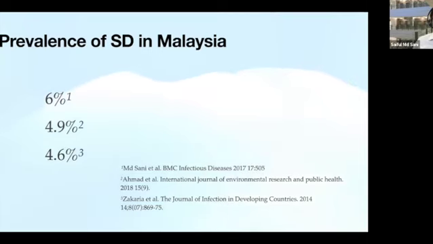She's an emergency physician, so we wrote it together. We found in that study it was 6% prevalence. Other studies from Ahmad and Zakaria were about 5% as well, so not too far off. So that's the prevalence of severe dengue in Malaysia.